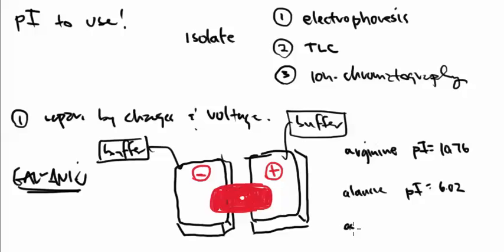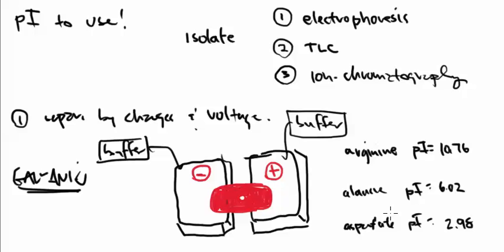And then let's say we have aspartate, and aspartate has a pI value of 2.98. Okay, so here are 3 amino acids that we've pulled from the table, and I've calculated the pIs for each one of them. This is why we learned how to calculate pIs, because the pI values will tell you what they do. The pI values will tell you how they begin to migrate.